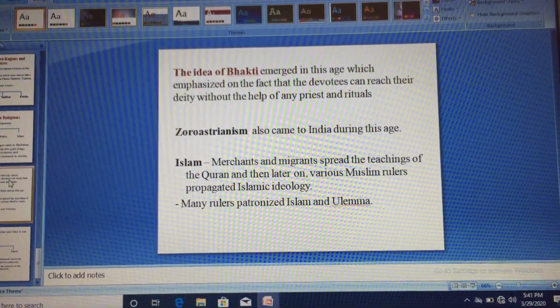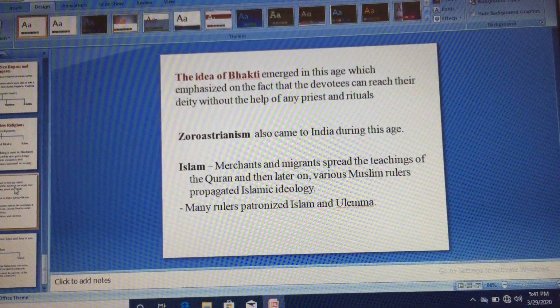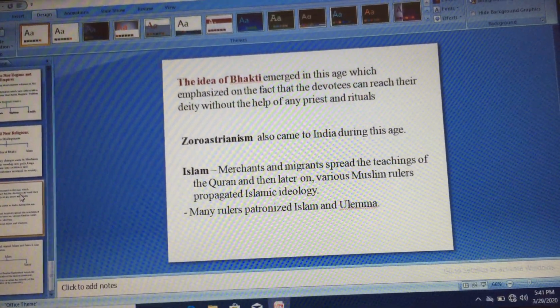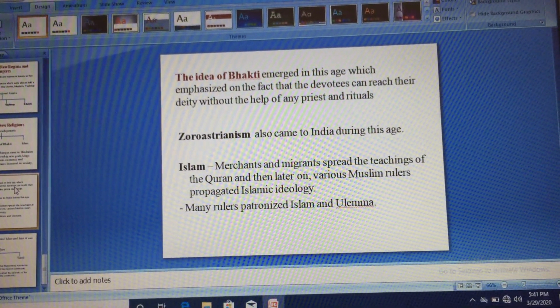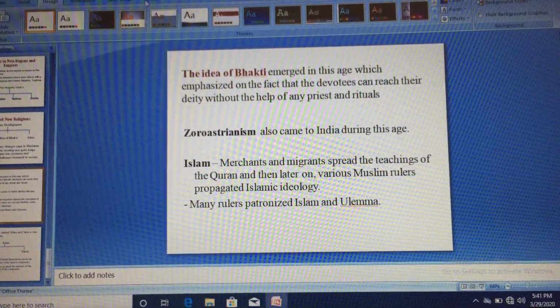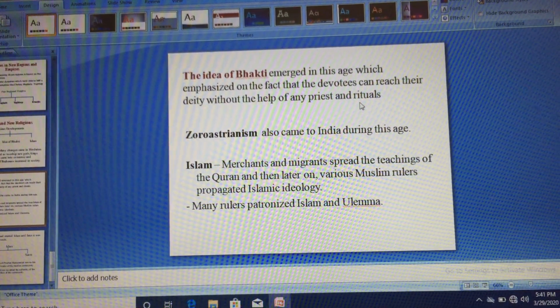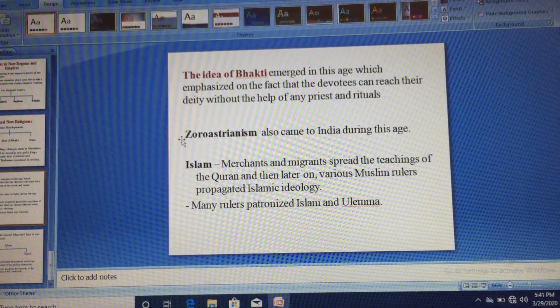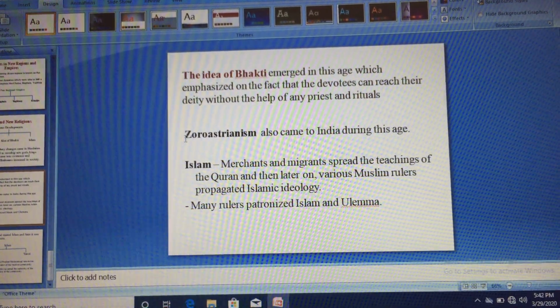The idea of bhakti emerged in this age, which emphasized that the devotee can reach their deity without the help of any priest or ritual. Without doing any ritual or taking the help of any priest, any person can reach God. One more thing we see is Zoroastrianism.